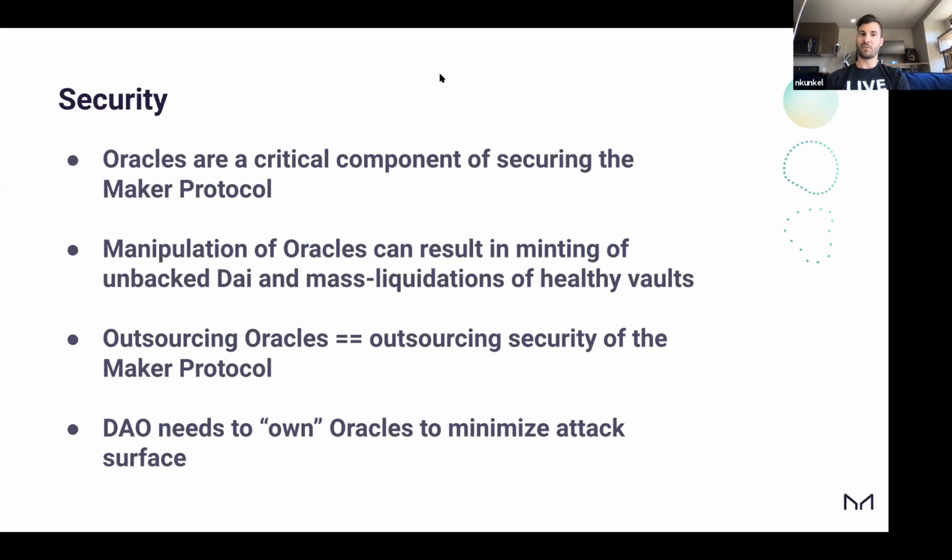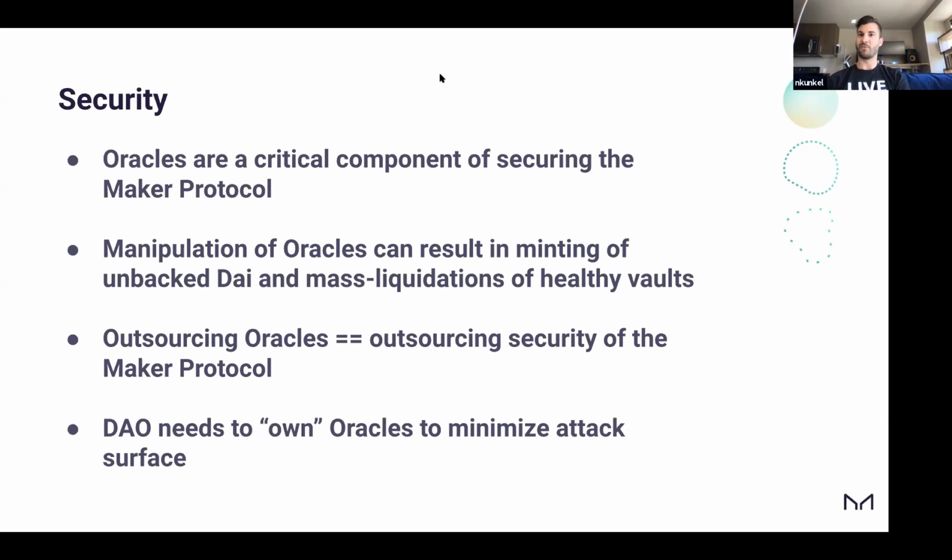And so ergo, if oracles are the fundamental of the security protocol, then by outsourcing oracles, you're effectively outsourcing the security of the Maker protocol.